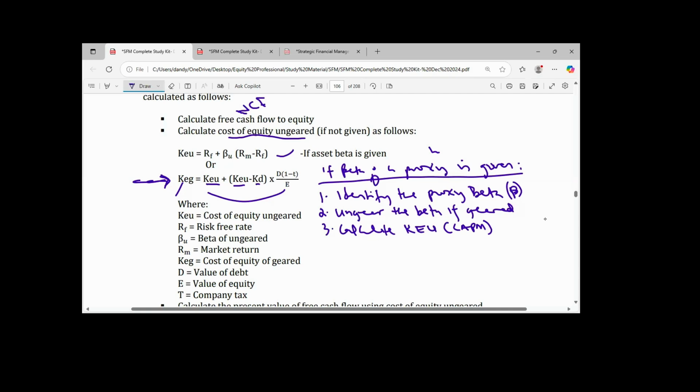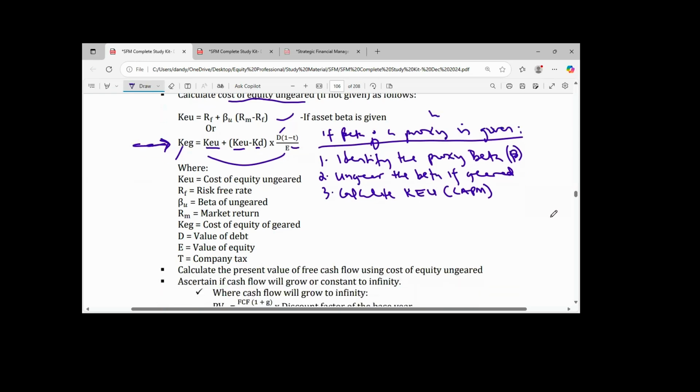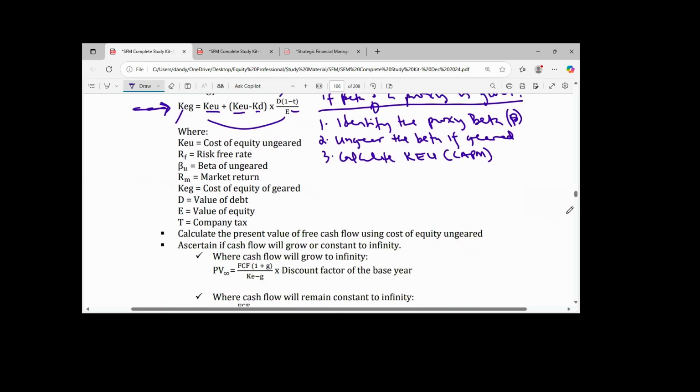Then D is the market value of the debt, it could be bond, it could be debenture. Then E is the market value of equity. Of course, T is the company tax rate.